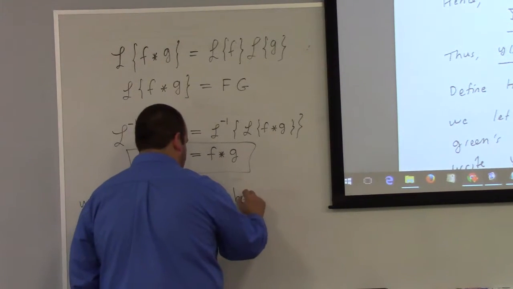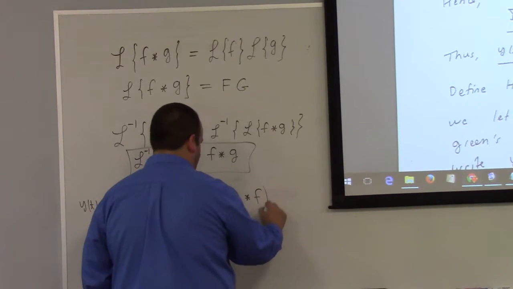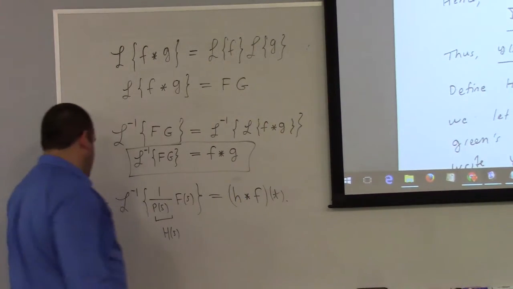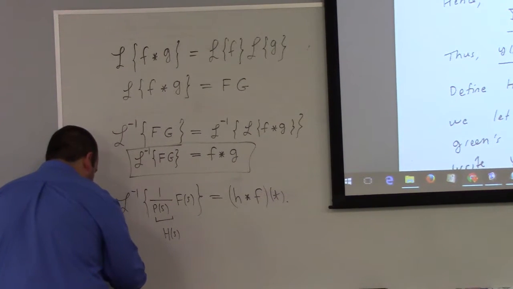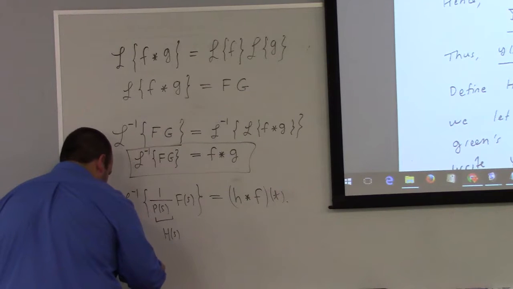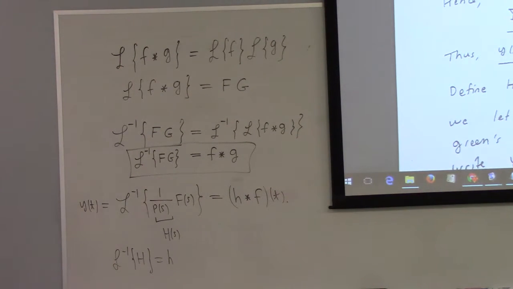It's given by the convolution of H and little f, where H of s is the transfer function, so little h is its inverse Laplace transform. This is a general method for solving the differential equation. Once you find the transfer function, you just convolve it with your force, and that's the solution.